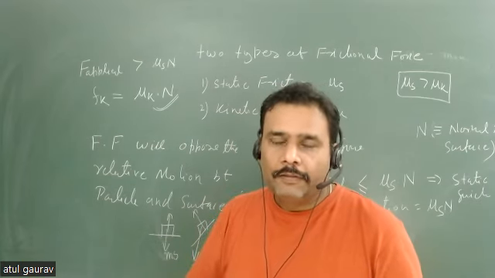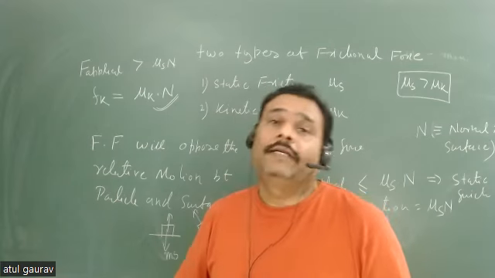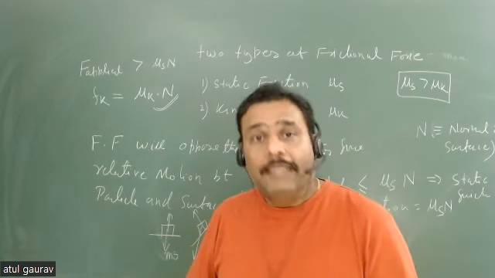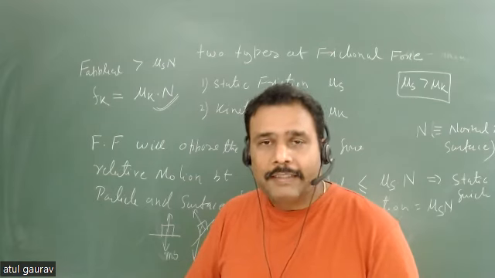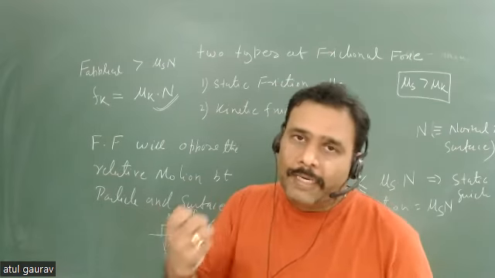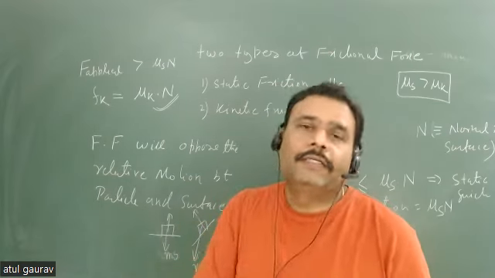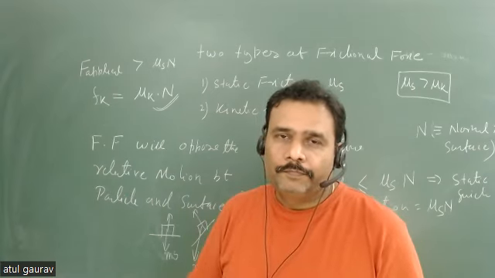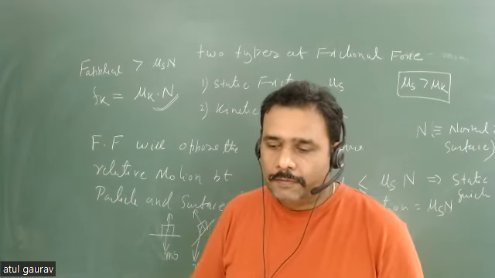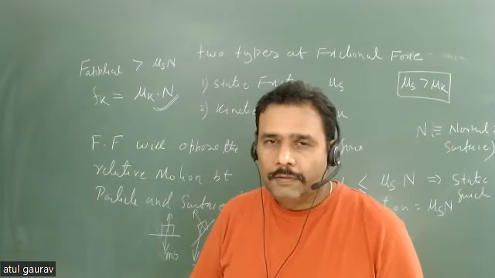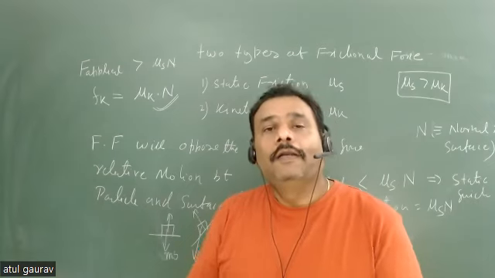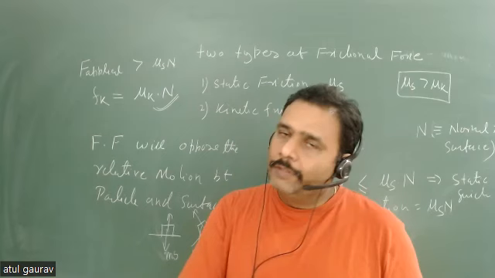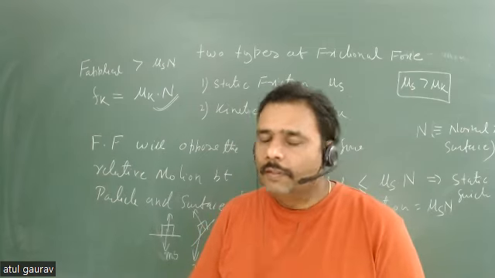Frictional force is actually electromagnetic interaction force between electrons. If you go to the microscopic and molecular level, you can get this. So from the microscopic level, mu s is greater than mu k can be proved.